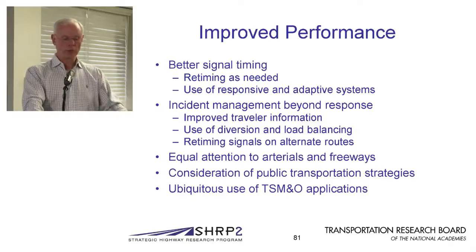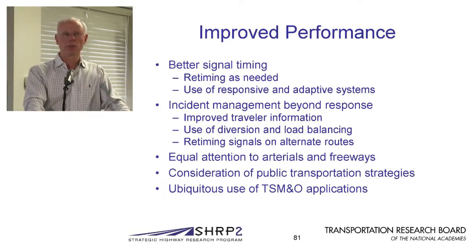But we can do a better job of informing people about incidents while they're out there. We can do a better job of load balancing during those incidents and better managing traffic when we do that load reshuffling, if you will.